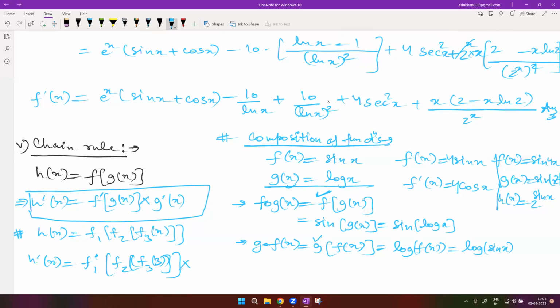Then I'll multiply this with f2. I'll move inside. The next function is f2. I'll differentiate f2 and I'll take f3, whatever is inside it, as it is. Then I'll move to the next function, which is f3. I will differentiate f3. And in this way, I'll keep on differentiating until the last function is exhausted.